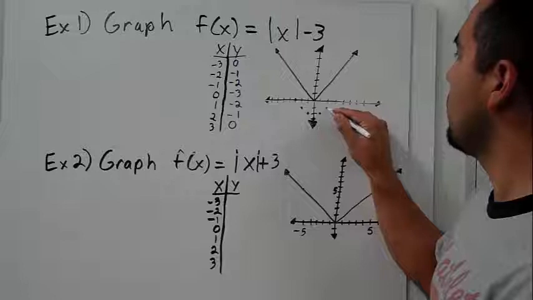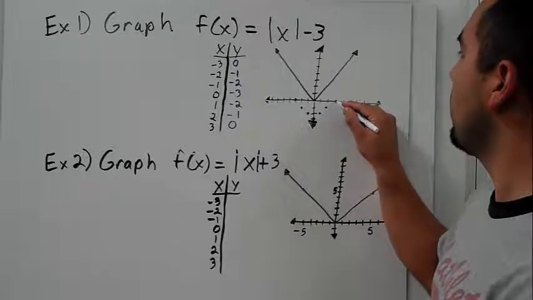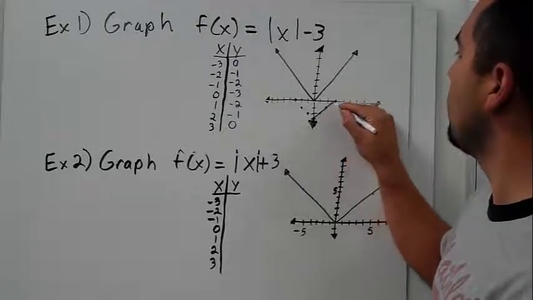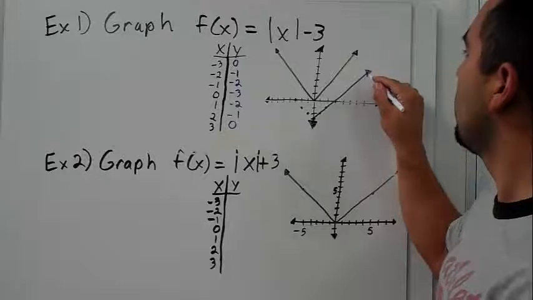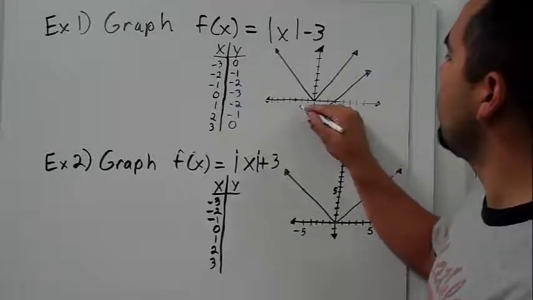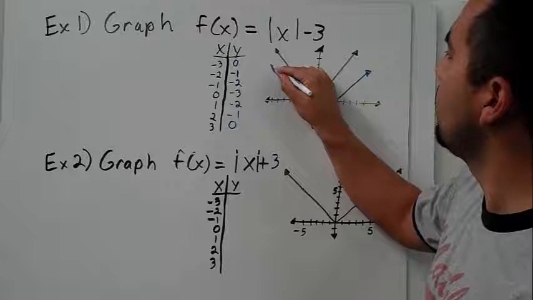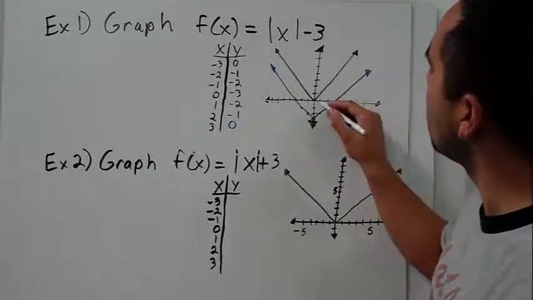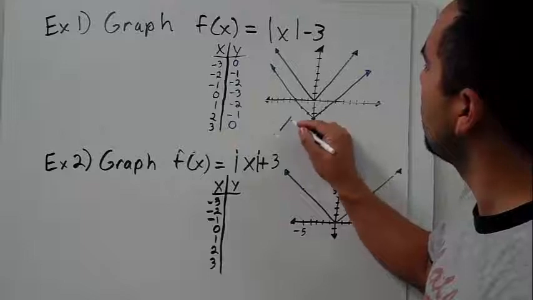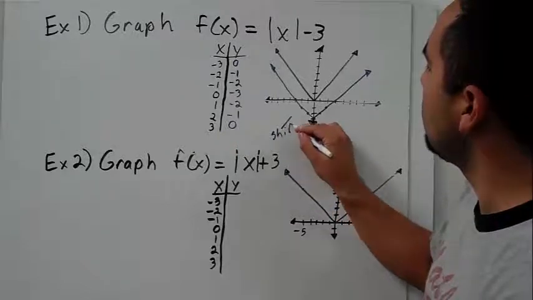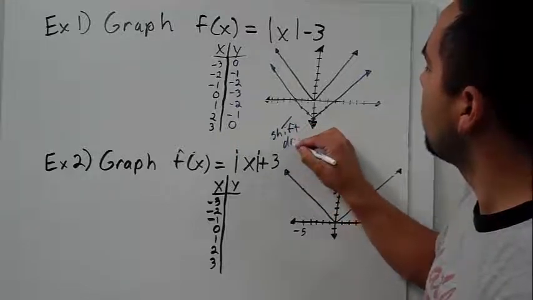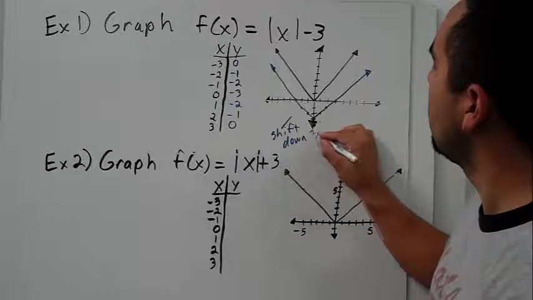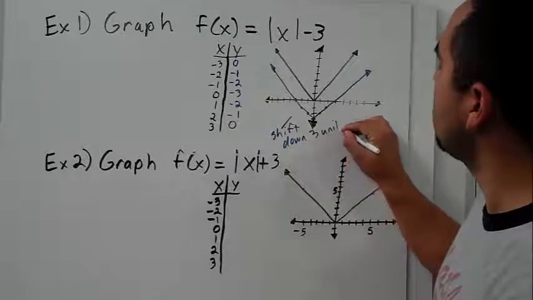And if you can see, we basically have the same thing that we did before. All that we've done from our parent graph is we've shifted, and you want to get used to this term. This is called a shift. We shifted down 3 units.